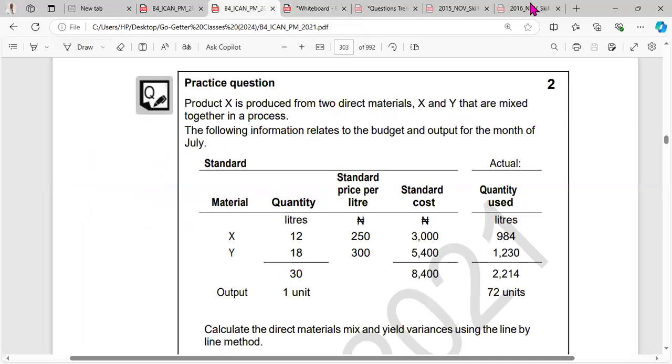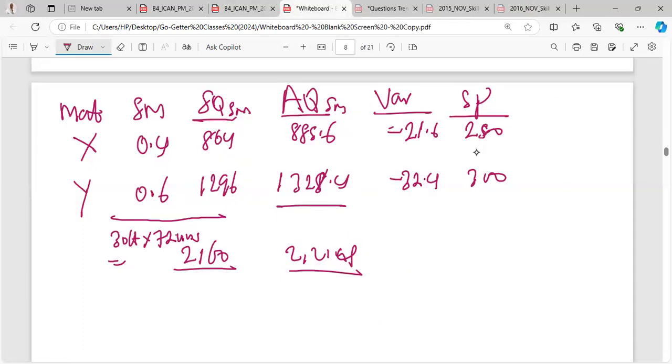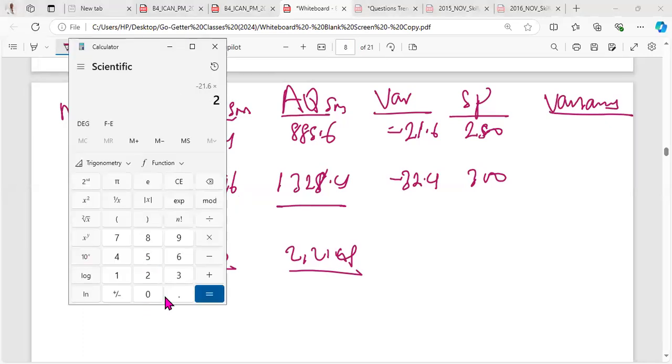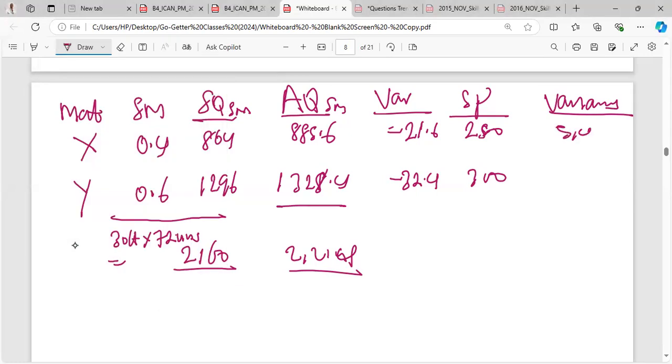So our variance now will be 21.6 multiplied by 250. This should give me minus 5,400, adverse.